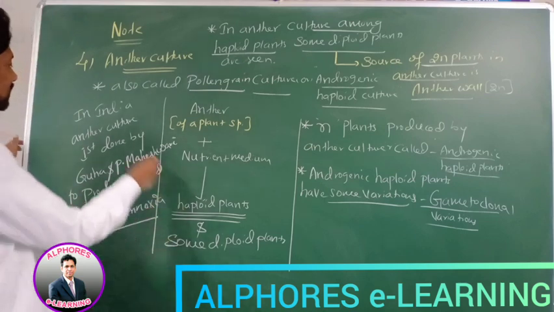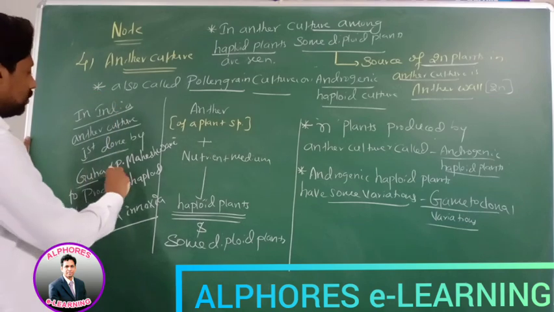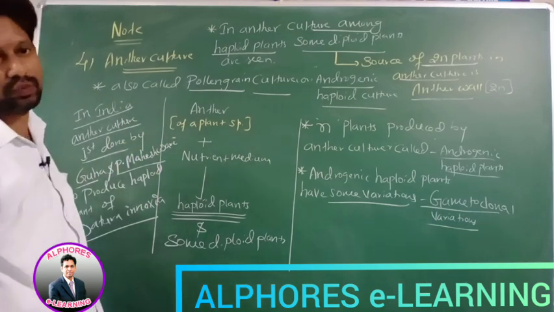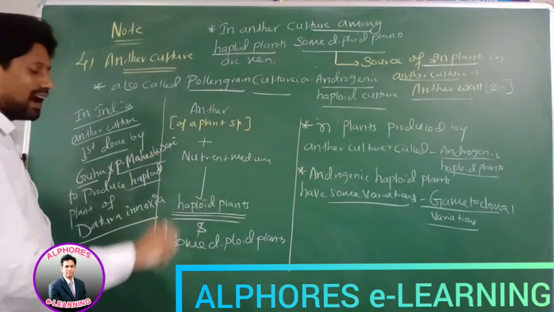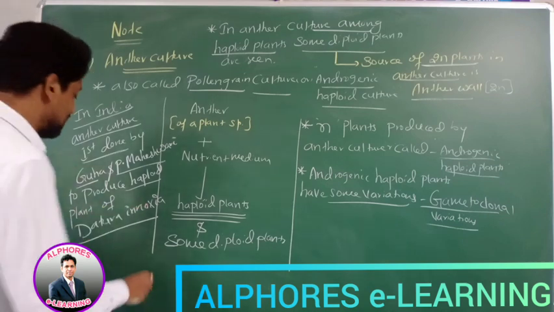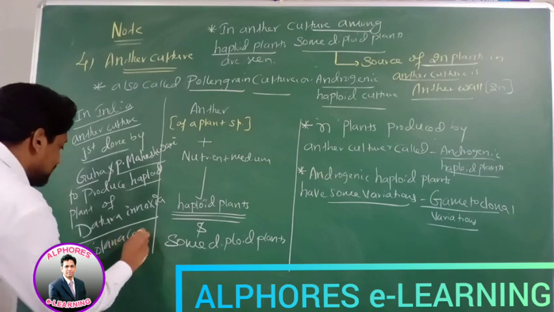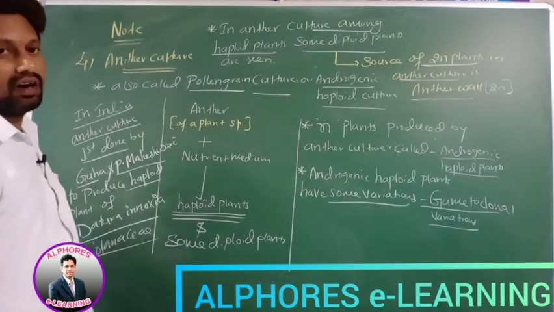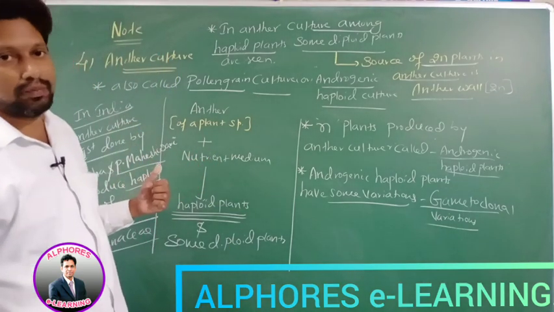See this statement. In India, this anther culture was first done by whom? Guha and Panchanan Maheshwari, to produce which plants? Haploid plants of which plant? Datura inoxia. Sir, this Datura inoxia belongs to which family? Solanaceae family. Is this statement clear?